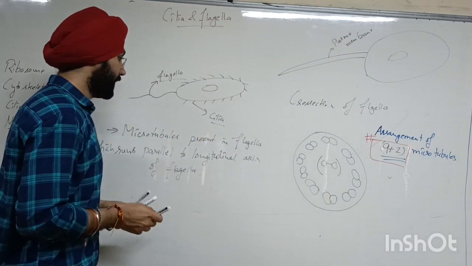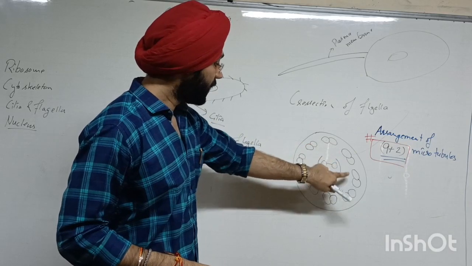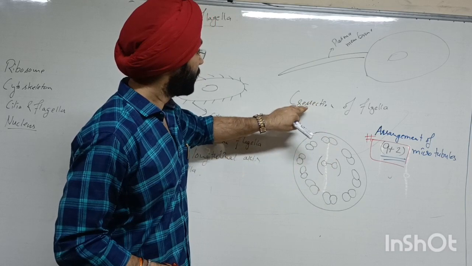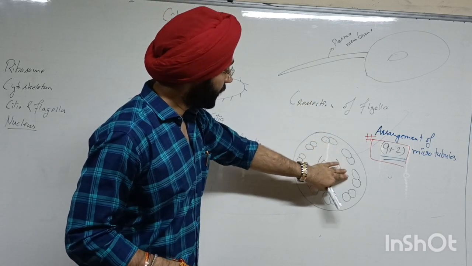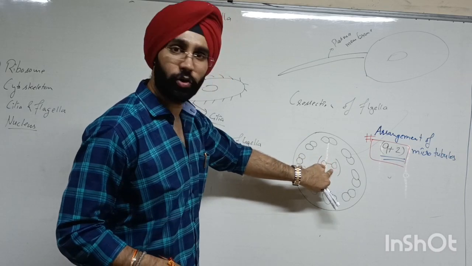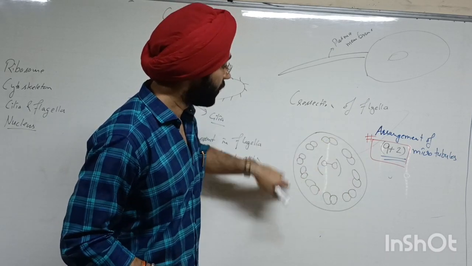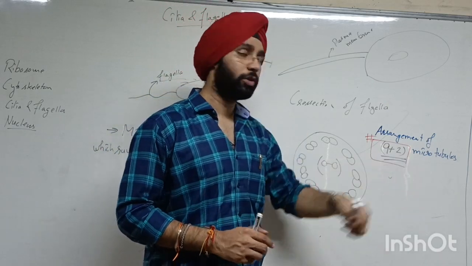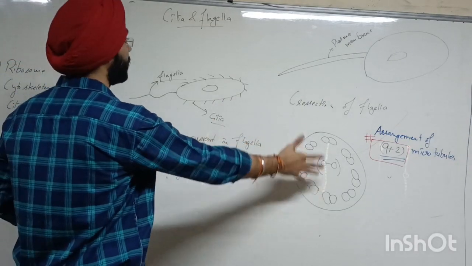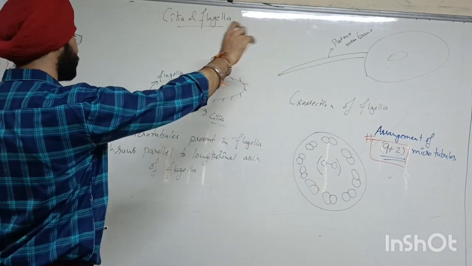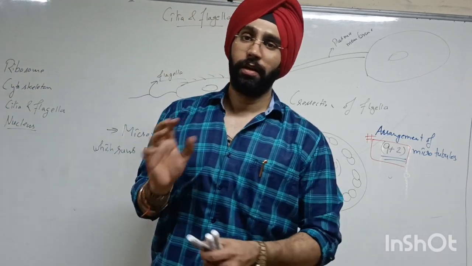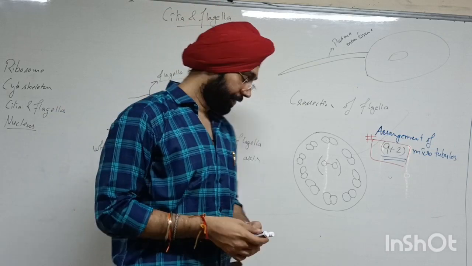You need to understand these microtubules are arranged in doublets, and these doublets are present circumferentially in flagella, 9 in number, and inside this arrangement there are 2 microtubules present. So this kind of arrangement is called 9 plus 2 arrangement, as you can see. This is the cross section area of flagella, and flagella is covered by plasma membrane. Cilia and flagella are 2 different things, but actually the function of those 2 is the same.